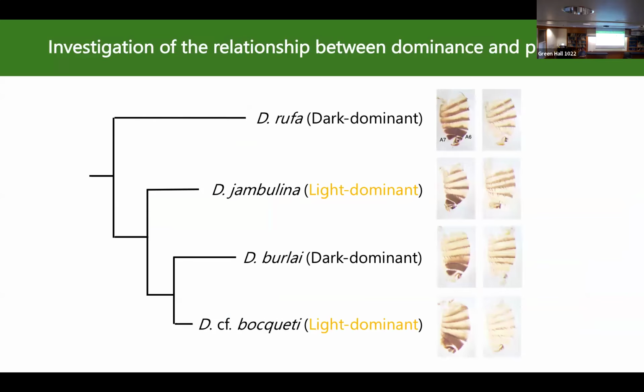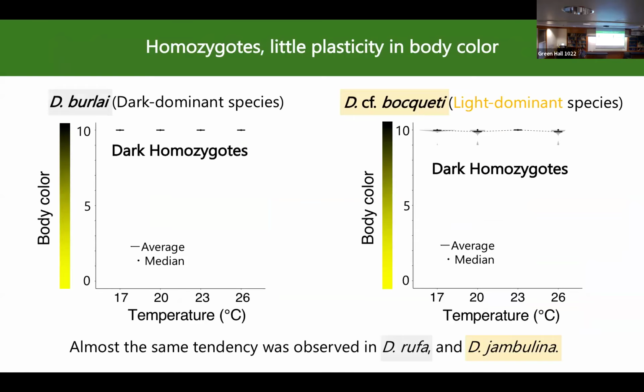We used these 4 species, two dark dominant species and two light dominant species. At first, in both the dark dominant species and the light dominant species, I investigated the phenotype of dark homozygotes.